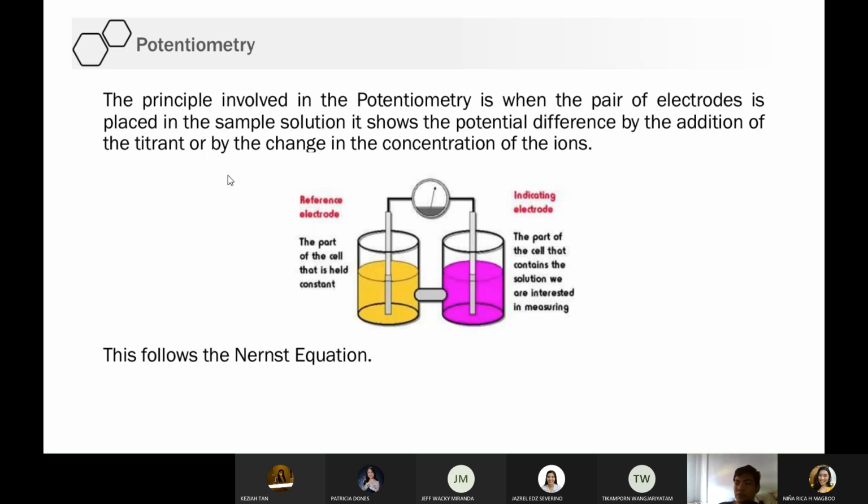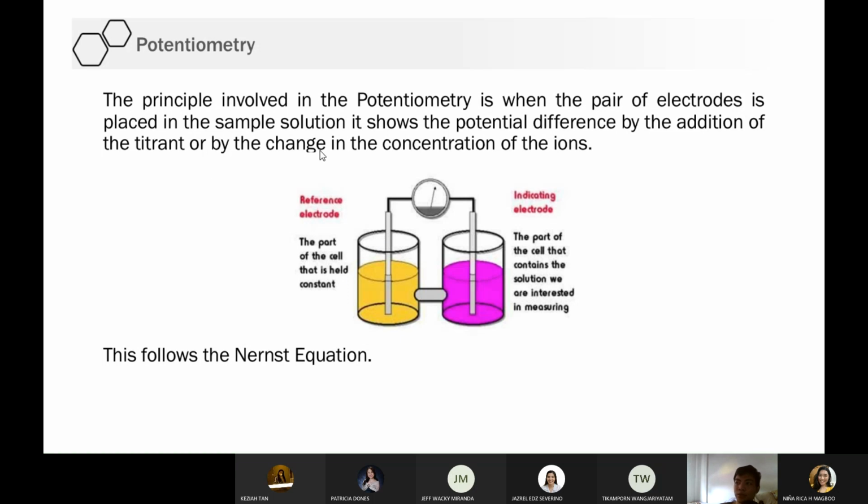Depending on the cell potential, or the voltage of the cell, you can determine the concentrations of the species you are measuring. This is actually the basis for the pH meter.